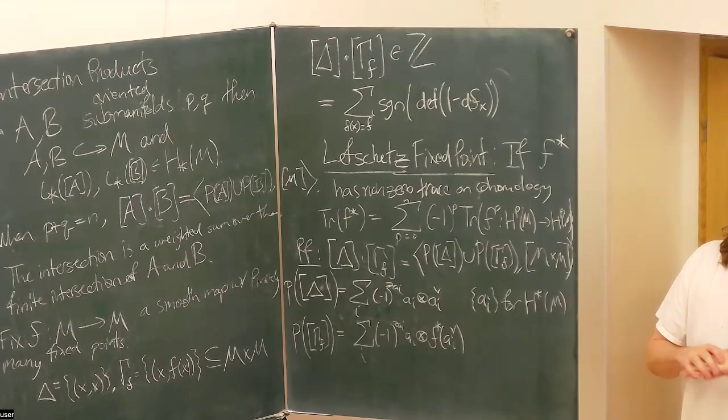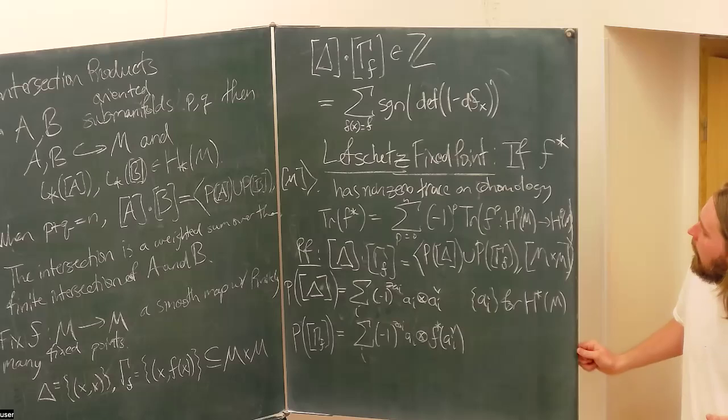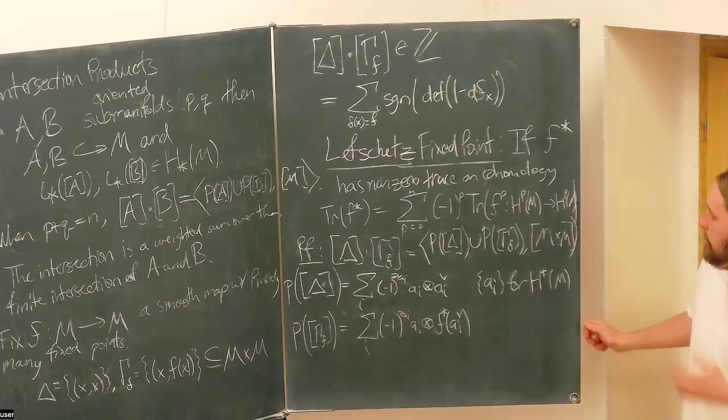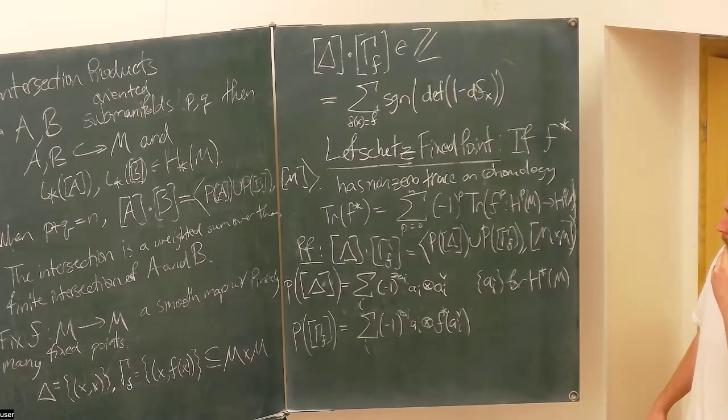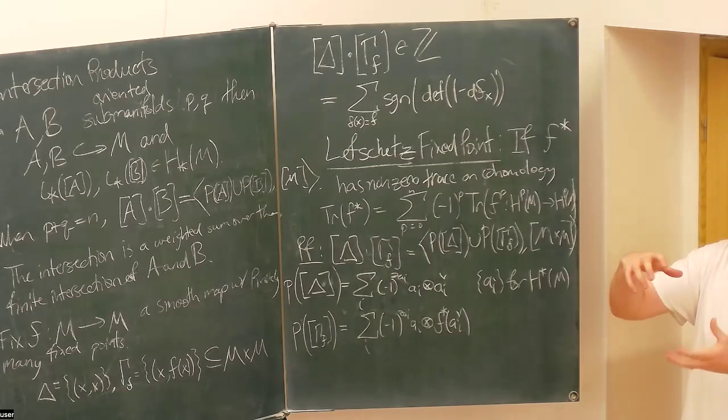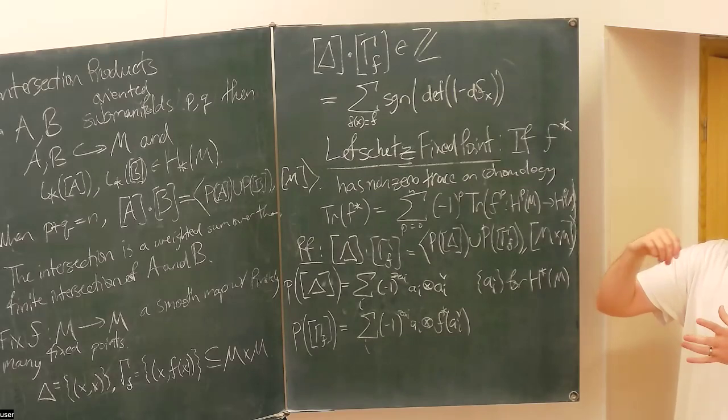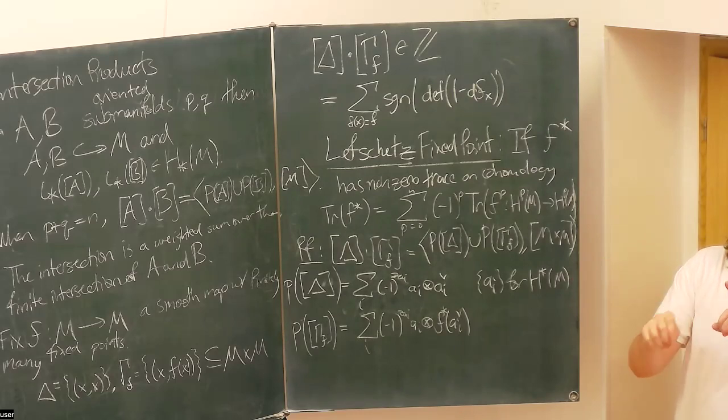I don't have an example off the top of my head, but you could probably take a map on a 2-sphere which is negatively oriented, has a degree -1, and then the trace will be 0. That still has a fixed point. Now, I don't know if you can easily make sense of that. You have to know information about the fixed points themselves.